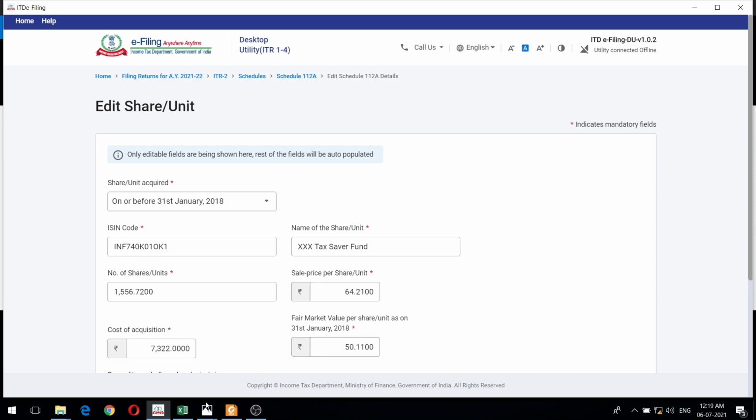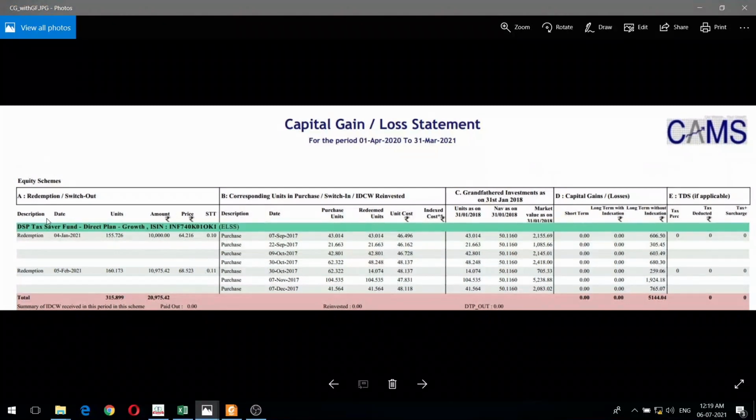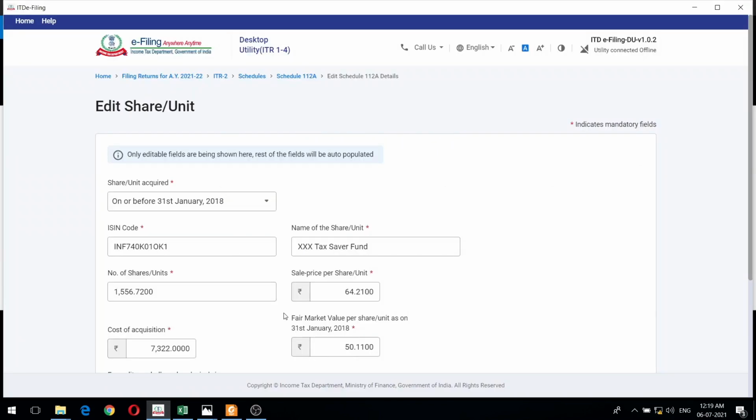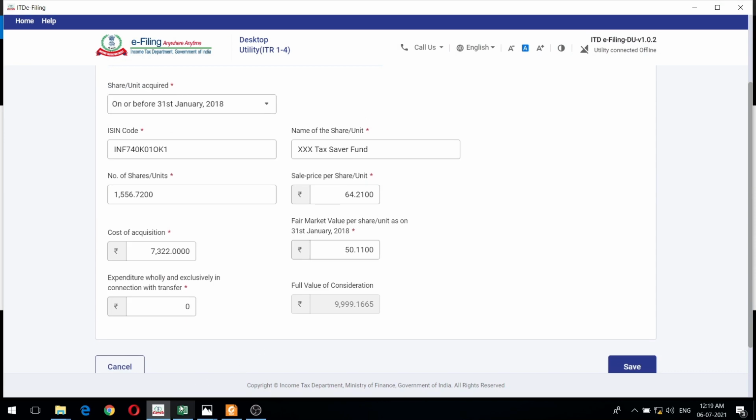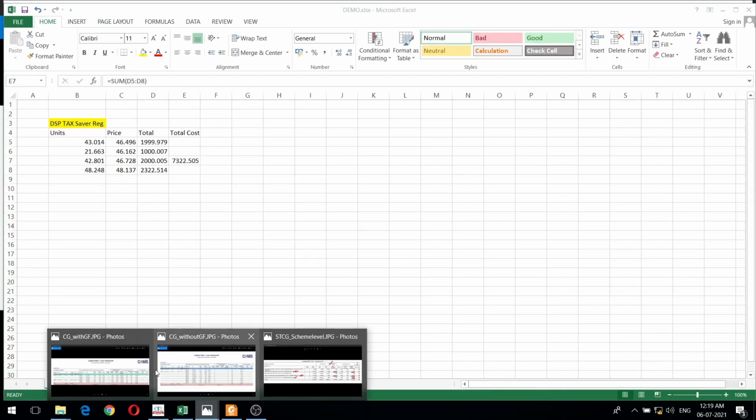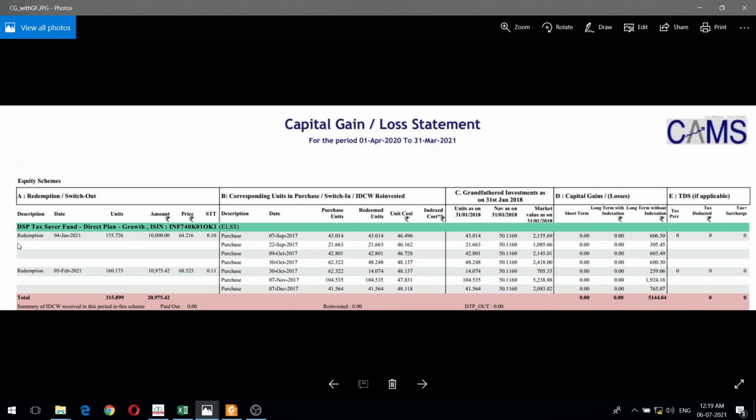In our case it is DSP tax saver. Now, the important point to note here is that you have to make as many entries here as match the number of redemptions.